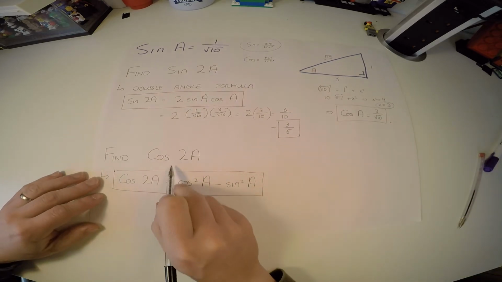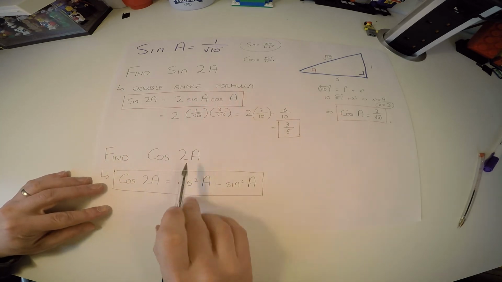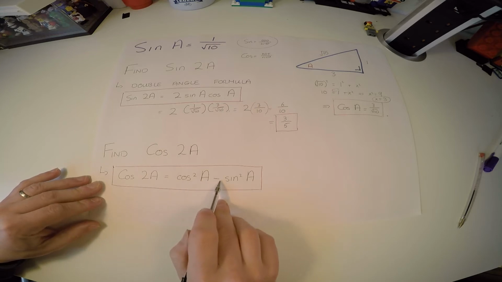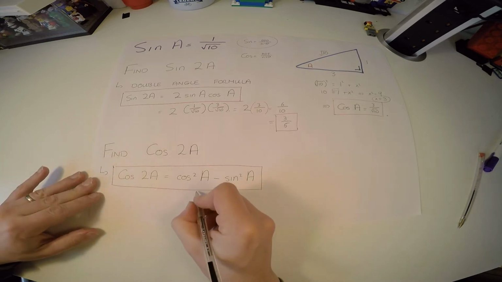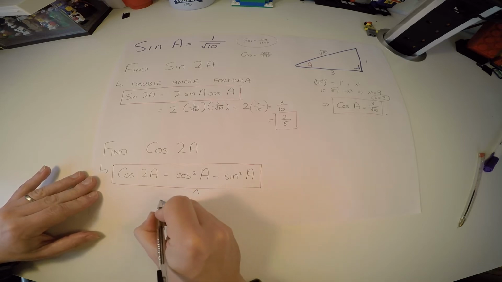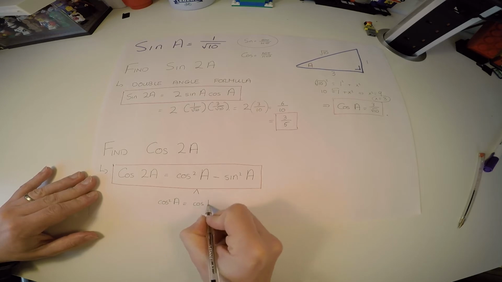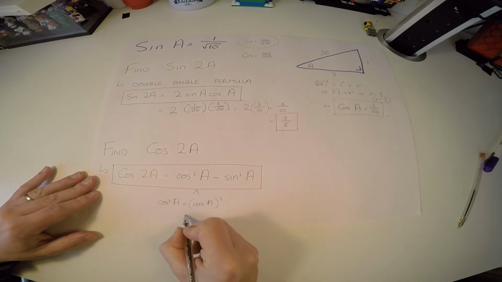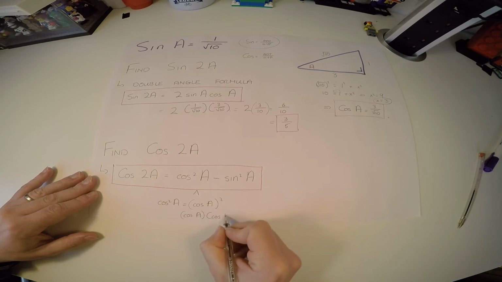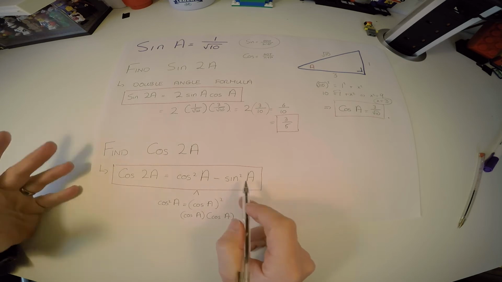Similarly, we have to find the cos of 2a. So again, I went to the logbook for double angle formulas, and an identity for cos of 2a is cos of 2a is equal to cos squared a minus sine squared a. Something that you must know is that cos squared a is the same as cos a all squared, which is cos a times cos a. So this is literally cos a multiplied by itself, and this is sine a multiplied by itself.